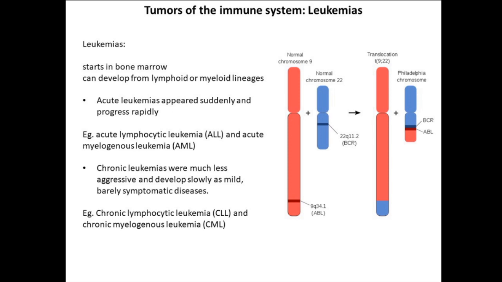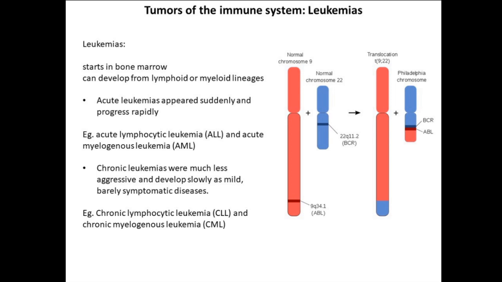On the right hand side I have shown a figure of the chromosomes. You have two chromosomes depicted here, chromosome 9 and chromosome 22. One of the reasons for the development of chronic leukemia is the formation of a translocated gene called the BCR-ABL gene.